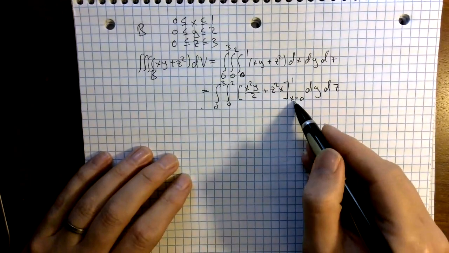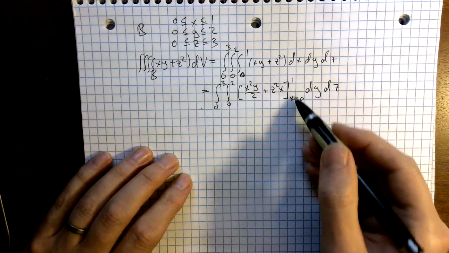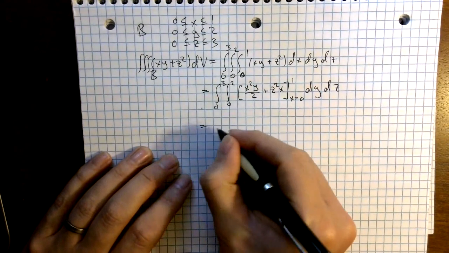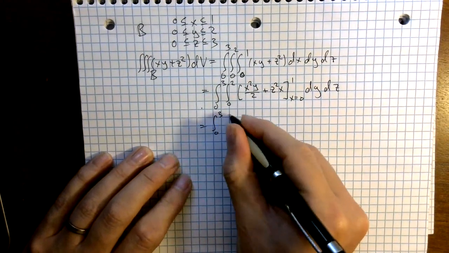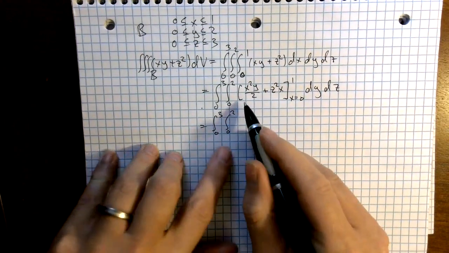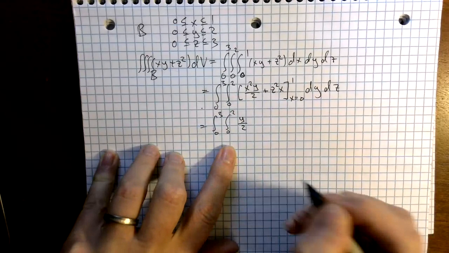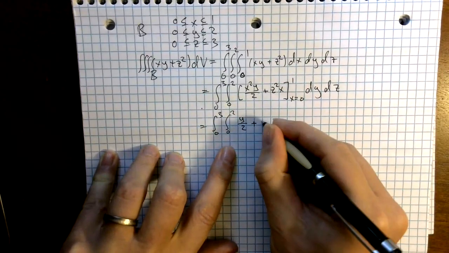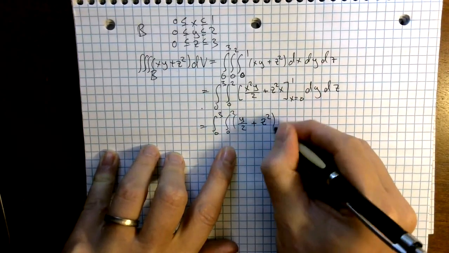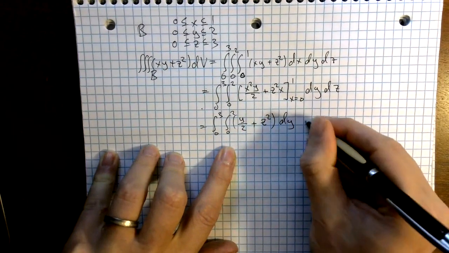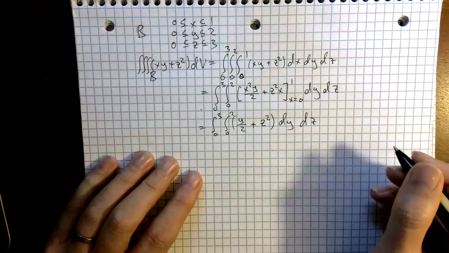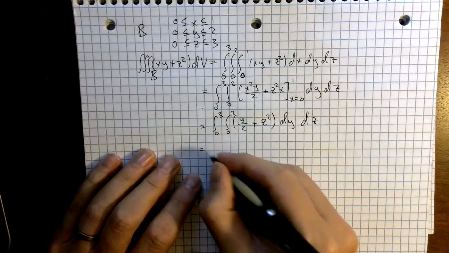So I plug in 1, plug in 0. Well, that's easy. It's just basically plugging in 1. So I have y over 2 plus z squared dy dz. All right, and we do it again.